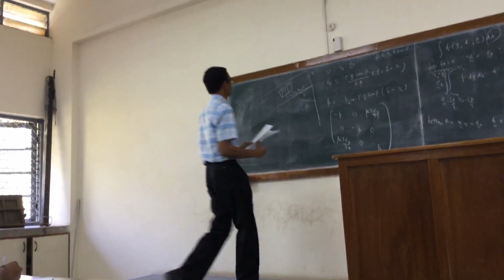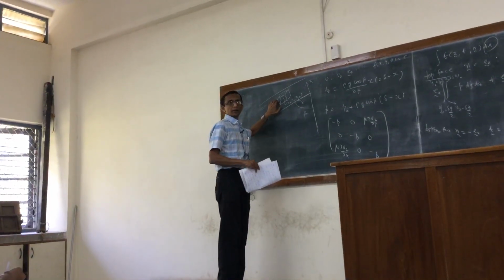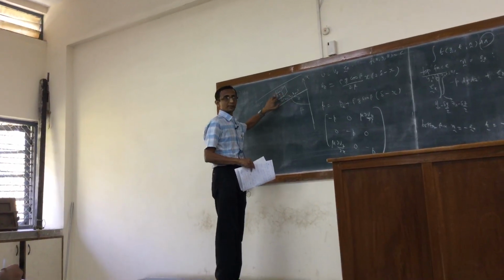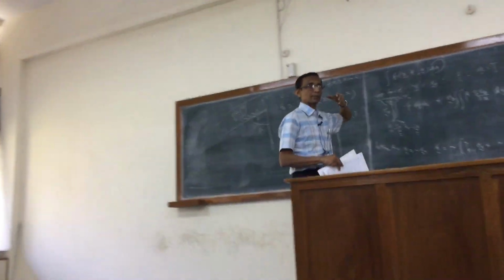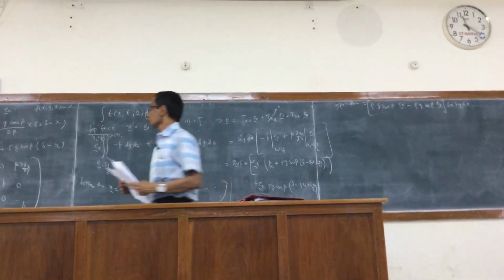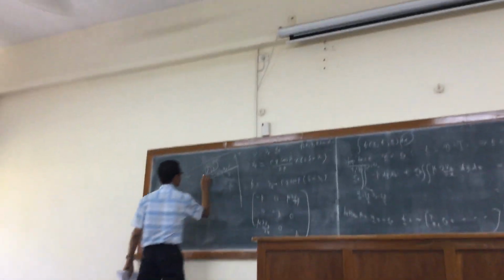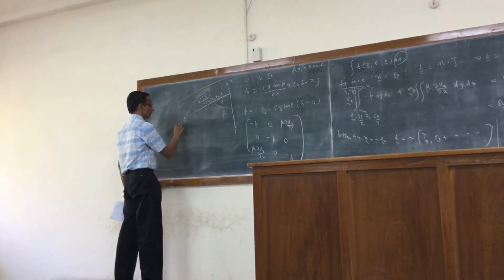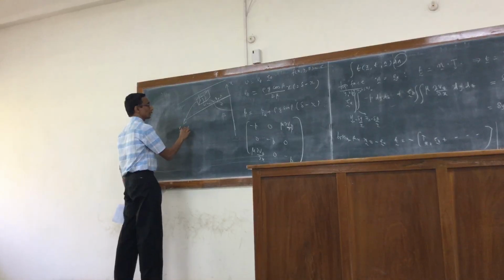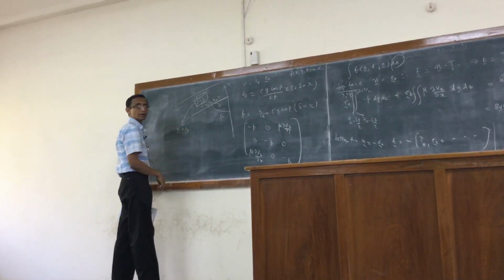Now the problem will become slightly more complicated for the left and right faces, because in those cases we need an integration. For the left face, if you see the normal, the outward normal would be Ez, right?